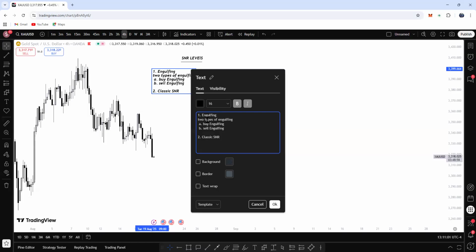And number three, we have the head and shoulder, also known as HNS.